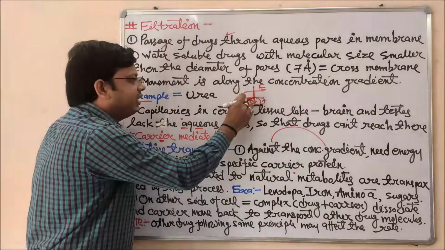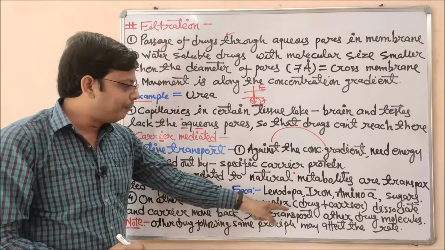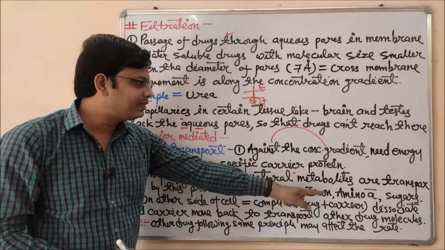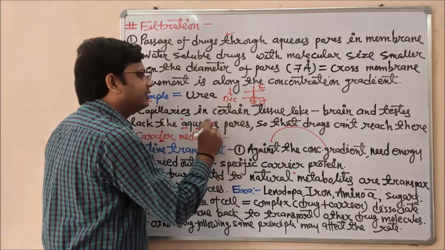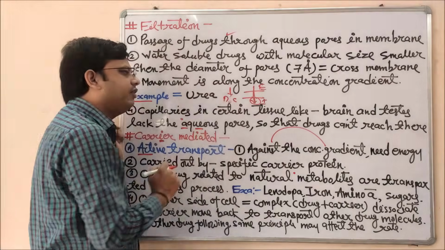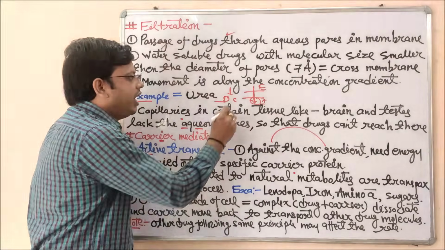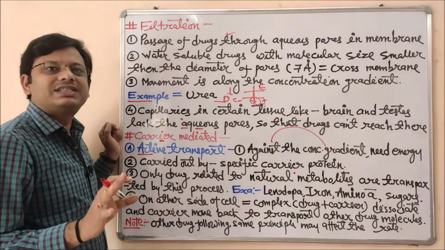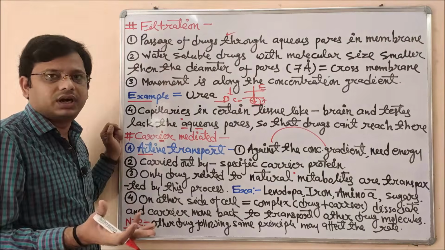Now we are talking about the intracellular side. On the other side of the cell, the drug-carrier complex dissociates. Now this is the drug and this is the carrier; they come inside the cell, dissociate and get separated, and the drug will be one molecule and the carrier another molecule. That means there is a dissociation of drug and carrier.